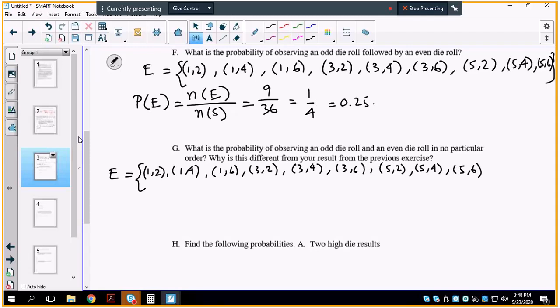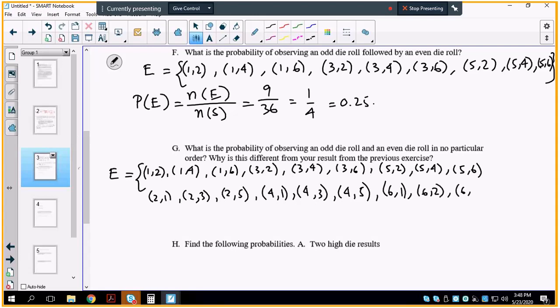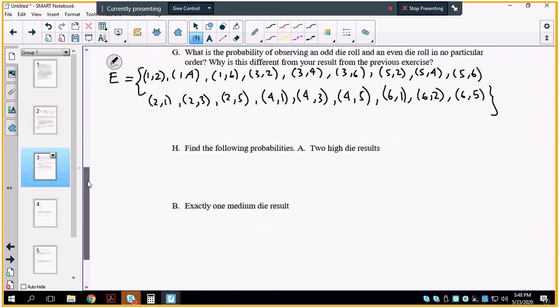On top of that, I might have 2, 1. First even, then odd. Nothing wrong with that. I can have 2, 3. I can have 2, 5. Or I can have 4, 1, 4, 3, 4, 5, 6, 1, 6, 3, or 6, 5. So now I have 18 of them. So the probability of this event is going to be the number of elements in the event space over the number of elements in the sample space, and that is 18/36, which is 1/2 or 0.5.